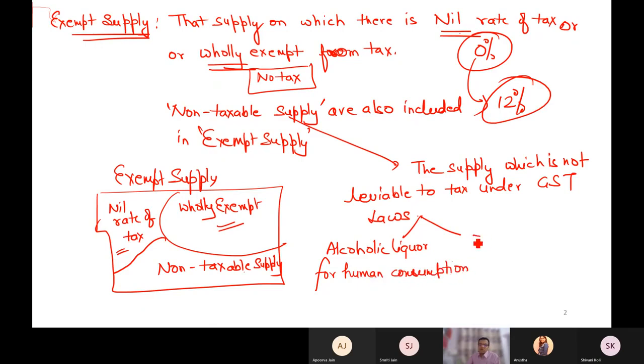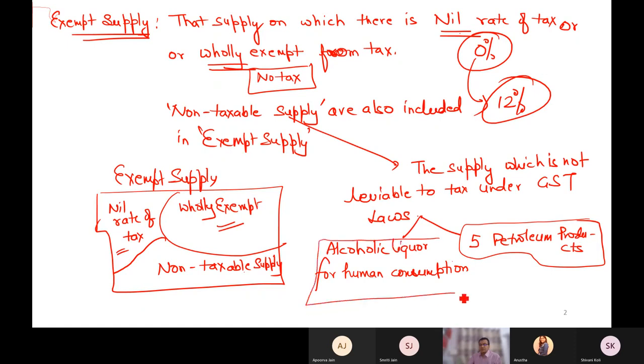And another is those 5 petroleum products which are temporarily not leviable to tax under GST laws, because currently on these two also there is no GST. So this is my non-taxable supply, and when you have to compute exempt supply, it will become a part of that value.